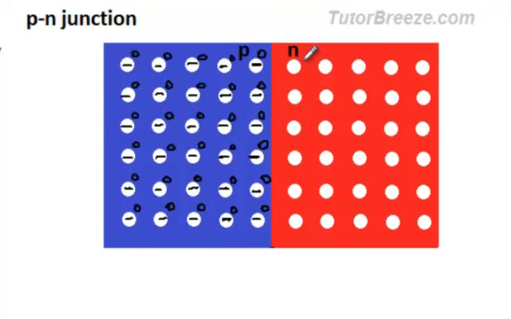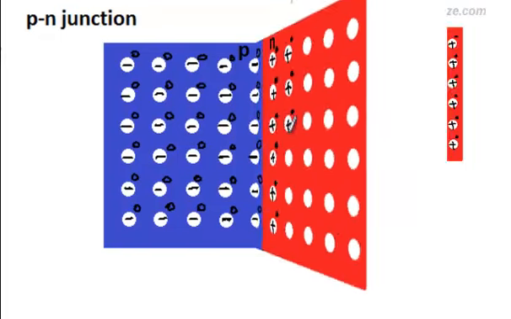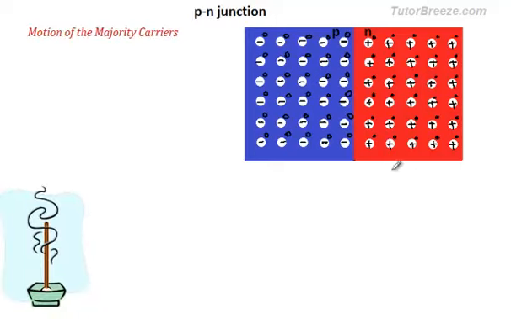On the n side we'll have an excess of electrons, so you have a negative electron and a corresponding positive lattice site. Again the material is going to be neutral, so one negative and one positive. Now you can see that electrons are majority carriers on the n side and holes are majority carriers on the p side.